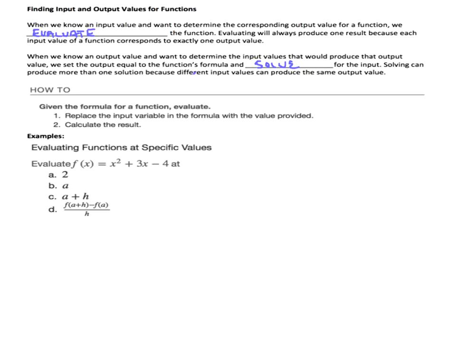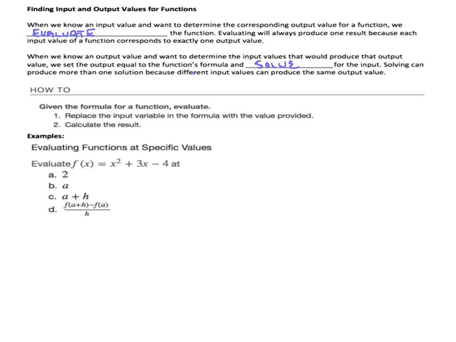So now we're dealing with an equation. You evaluate an expression, you solve an equation. Solving can produce more than one solution because different input values can produce the same output value, just like we saw in the tables on the last page.